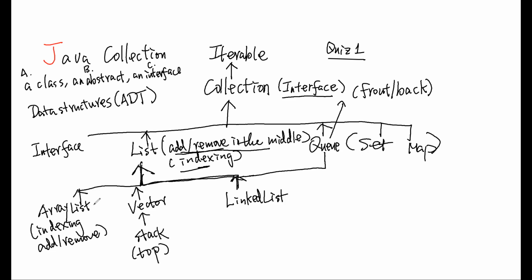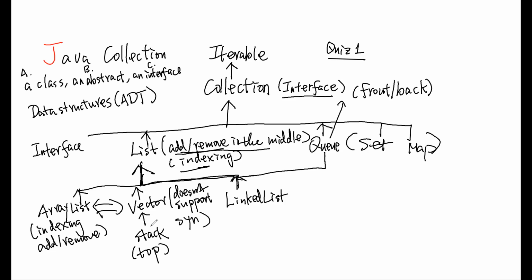And the vector basically has a lot of similarity to ArrayList. It was used a lot in previous versions of the Java JDK. It's not this semester's material, but it's regarding synchronization, and vector doesn't support synchronization.